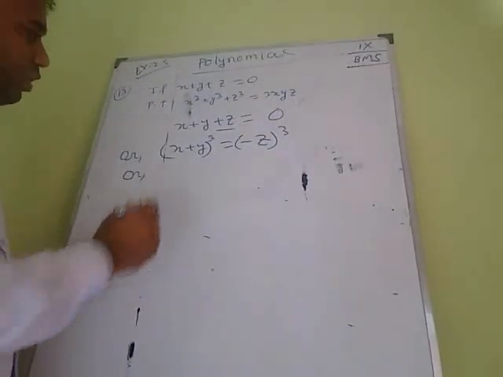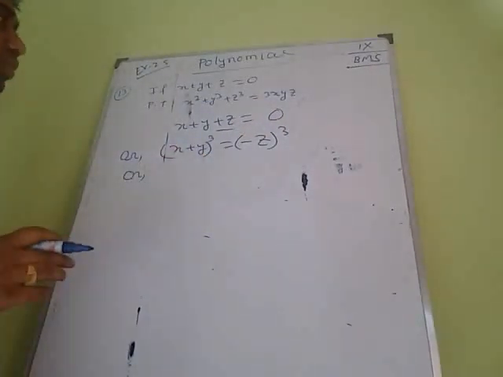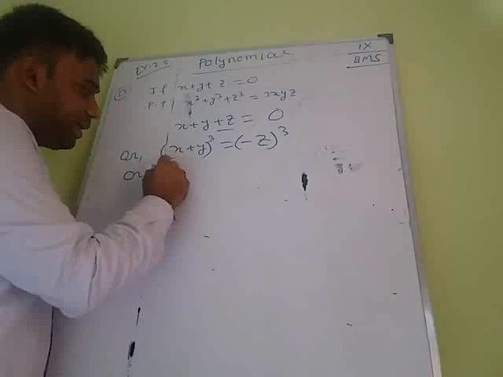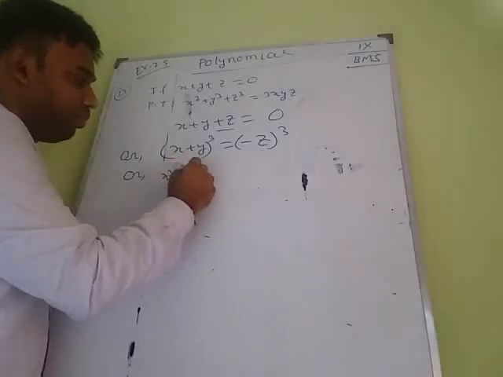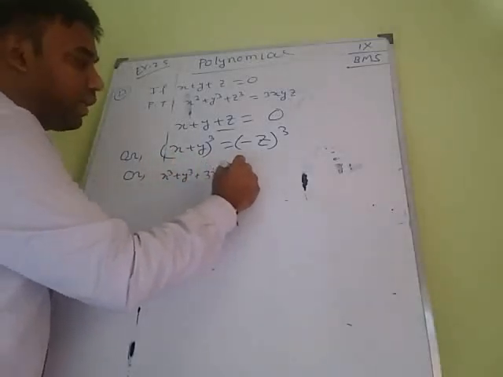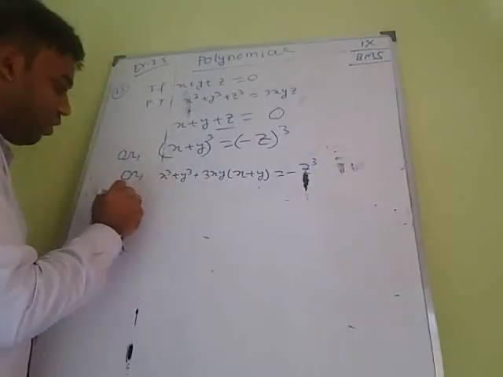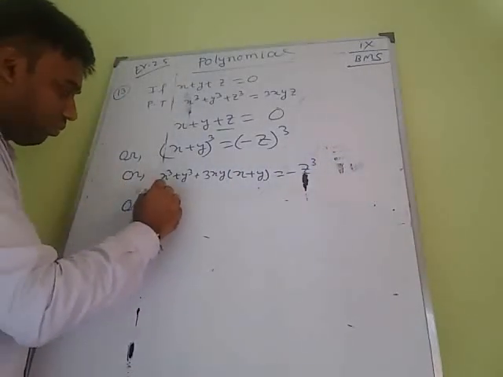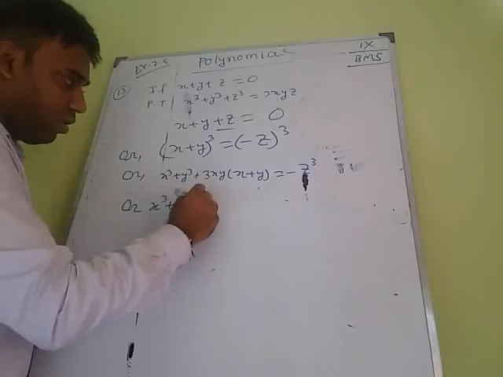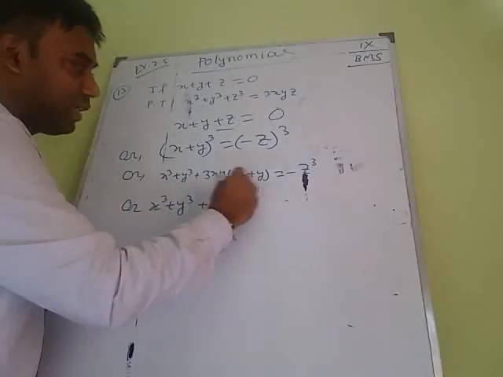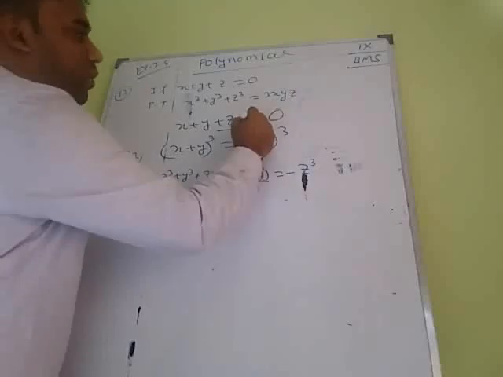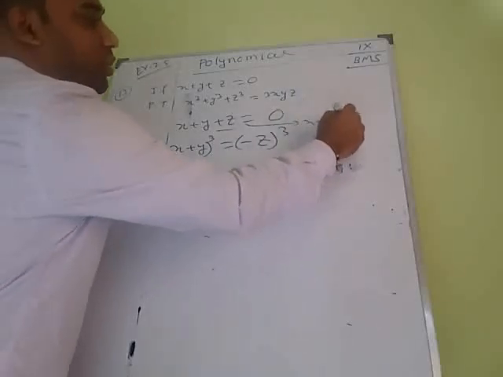The formula gives x cube plus y cube plus 3xy into (x plus y) equals minus z cube. Now in 3xy(x plus y), from the earlier equation we get x plus y equals minus z.